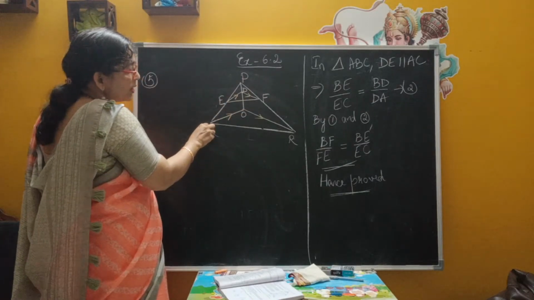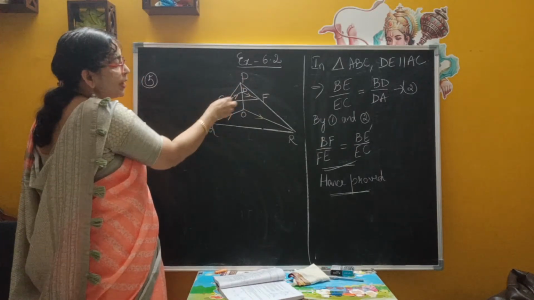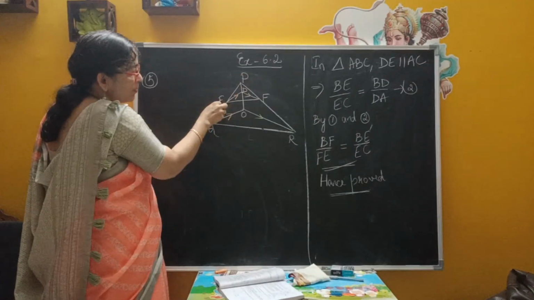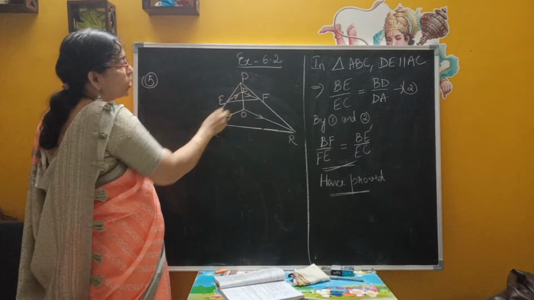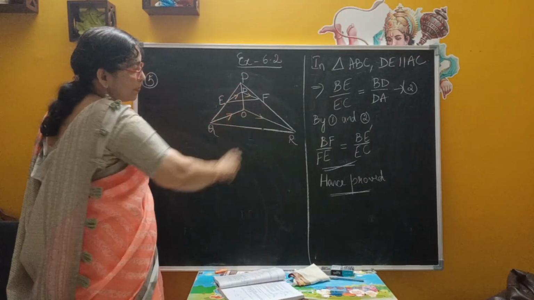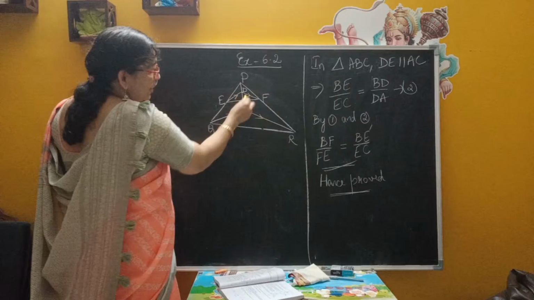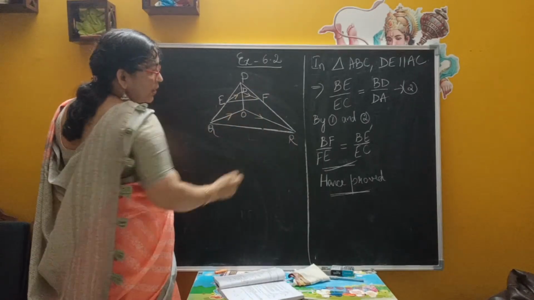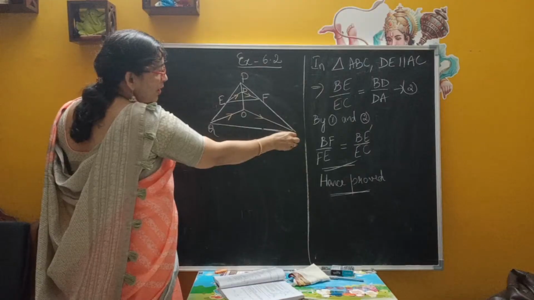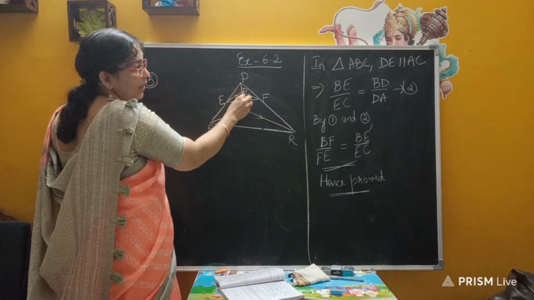Since they have given that these two lines are parallel, what do you say? PE by EQ is equal to PD by DO. In another triangle, they have given DF is parallel to OR. So what do you write? PF by FR is equal to PD by DO.